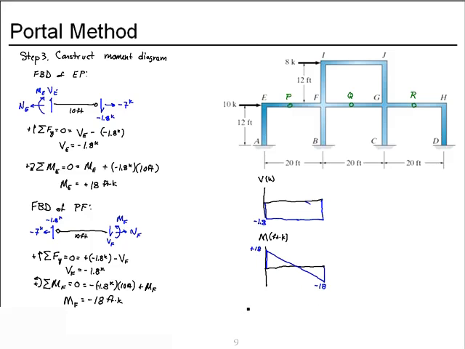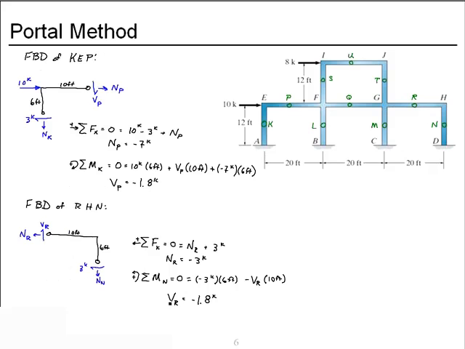Now notice, our work on this problem got a little bit easier. The length of GH is the same as the length of EF, and if we look back at the shear in R, it is also negative 1.8 kips.